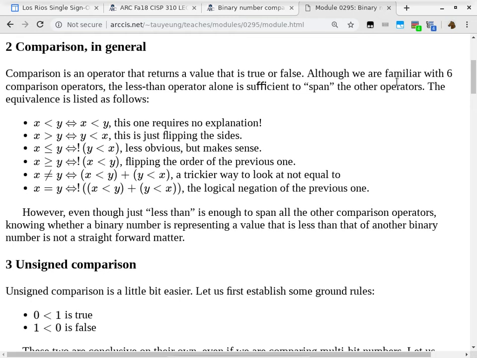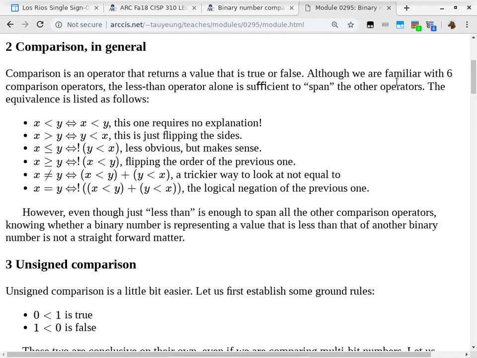Okay, all right. So the next one is just transposing the x and the y. If you want to know whether x is greater than or equal to y, then you can always ask the alternative question, which is equivalent, of whether it is not the case that x is less than y. Okay, kind of the same thing as the one before, just flipping the positions. The next one is, what if you want to know whether x is just different from y?